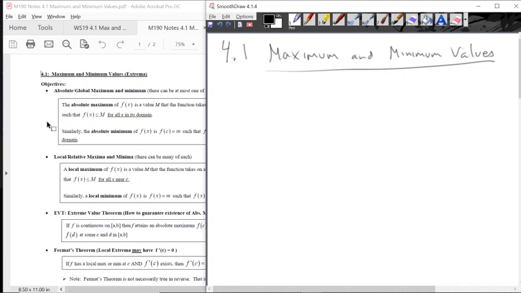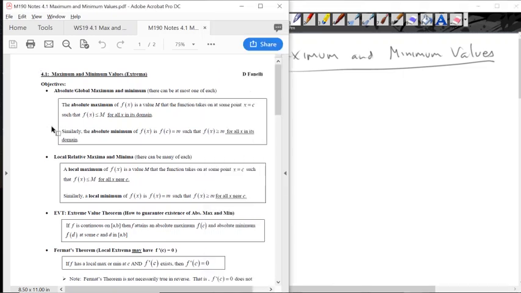Okay, so two main types of maxima and minima to talk about here. The first one is called the absolute maximum, and similarly the absolute minimum as well. Okay, there's an absolute maximum, absolute minimum. They can also be called the global maximum or global minimum, and that can help to recall how the definition of this type of maximum and minima differs from the local or relative maximum and minima that we also want to define.